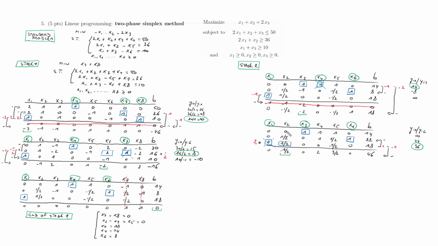So 14 over 0, infinity, 22 over a half, 44, and 18 over a half, 36. So this is clearly the smallest positive element, right? So we know now that the pivot will be this element over here, and that x1 will have to leave the base. So this will become our new pivot.